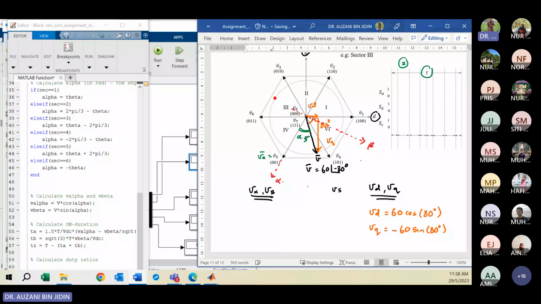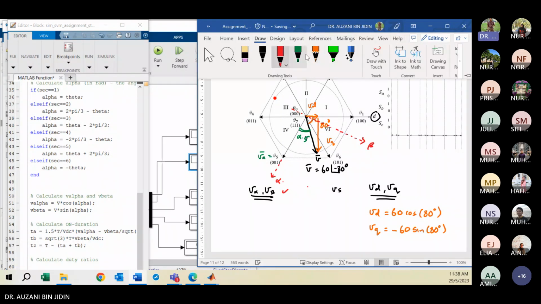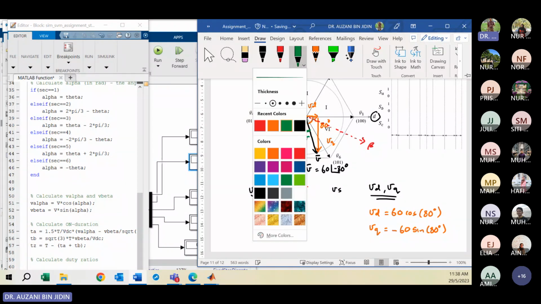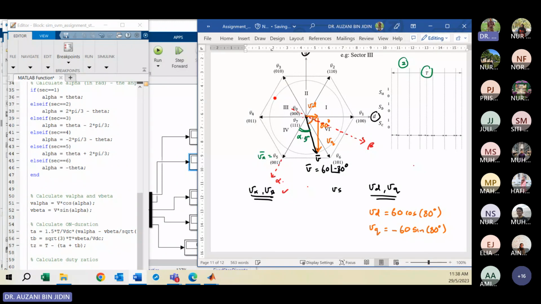So then by analyzing the space vector on the alpha and beta axis, from here you can calculate or obtain V alpha and V beta. Here maybe I use magenta. So from here your V alpha will be here, right? In line with the alpha axis. So this is your V alpha.